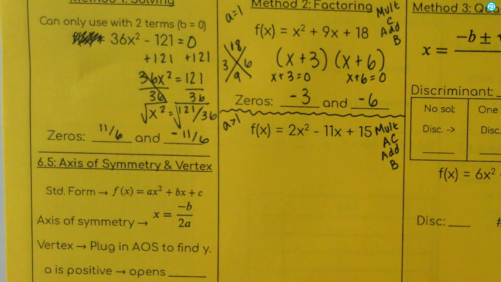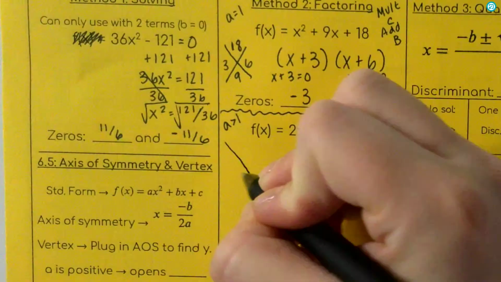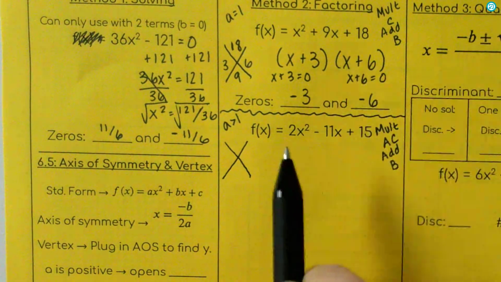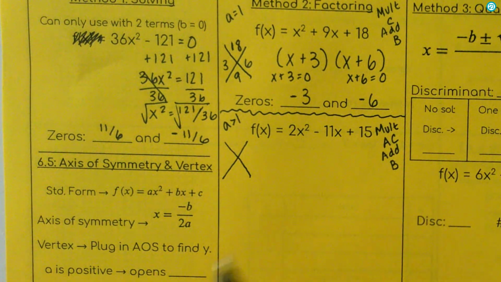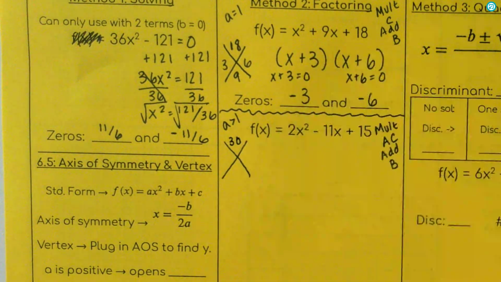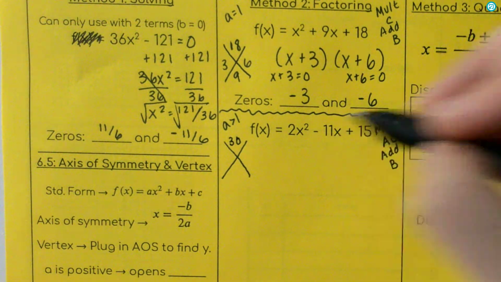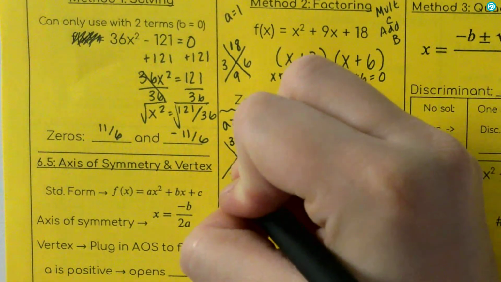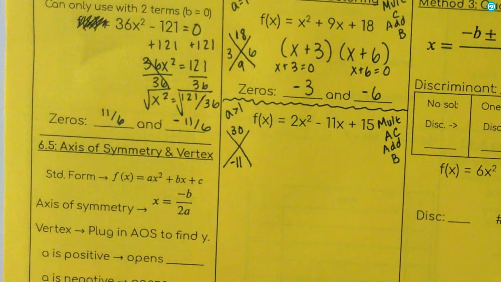All right, so I'm going to make a little magic X. My AC in this problem is 2 times 15, which is 30. I am trying to add to -11. That's my B. So going through my numbers that multiply to 30 are 1 and 30, 2 and 15, 3 and 10, 4 doesn't work, 5 and 6. 5 plus 6 is 11.